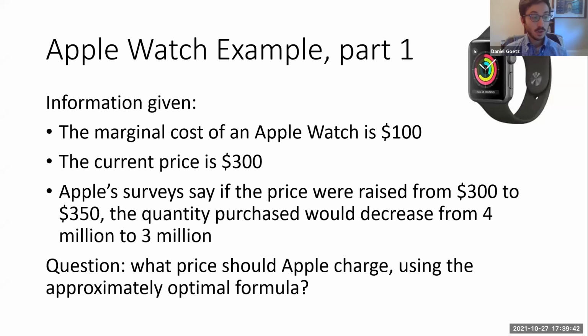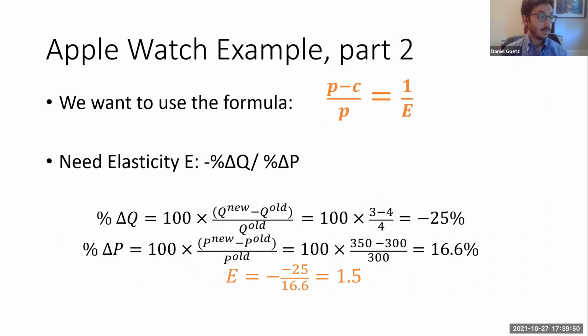So our Q old is 4 million, and our Q new is 3 million. Q new minus Q old divided by Q old is 3 minus 4 divided by 4, which is -1 over 4 times 100, so -25%. The quantity would fall by 25% if we were to raise the price as outlined.